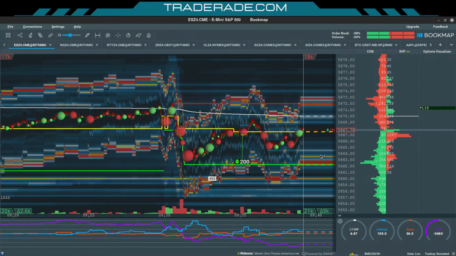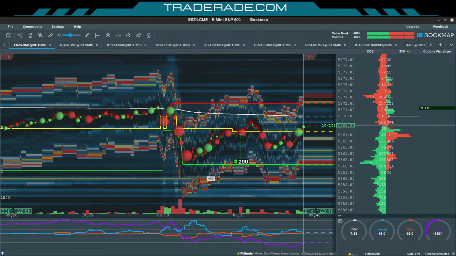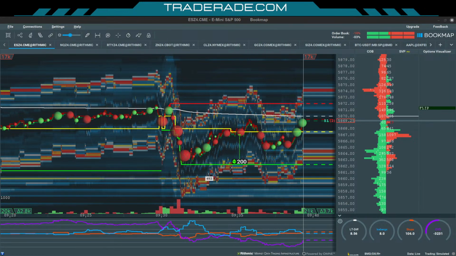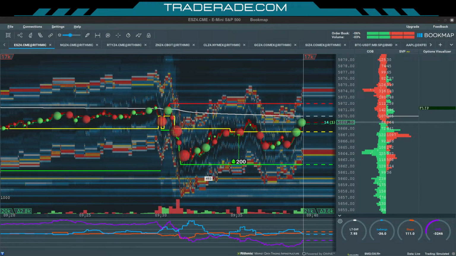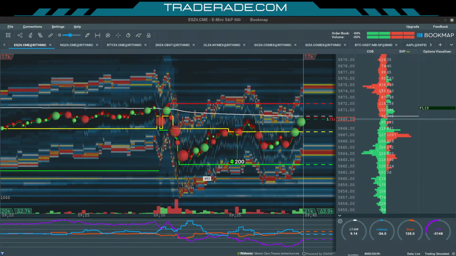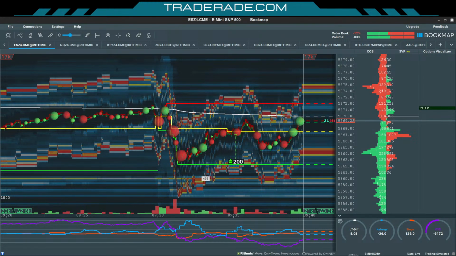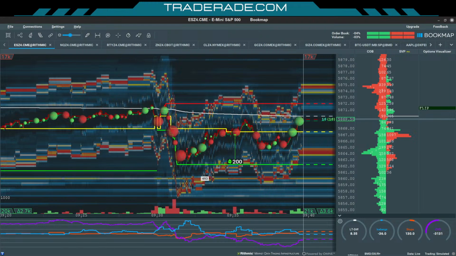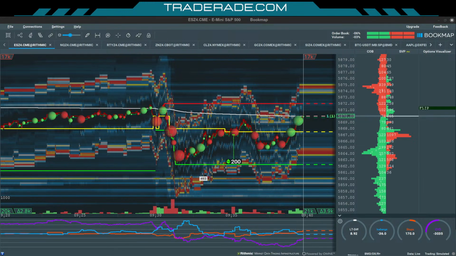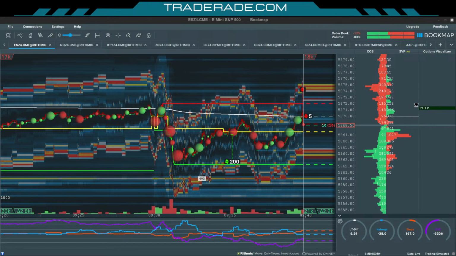Just about a 10-handle opening range so far in the first 9 minutes of trading. S&P now testing VWAP from below, just below this gamma flip level as well.